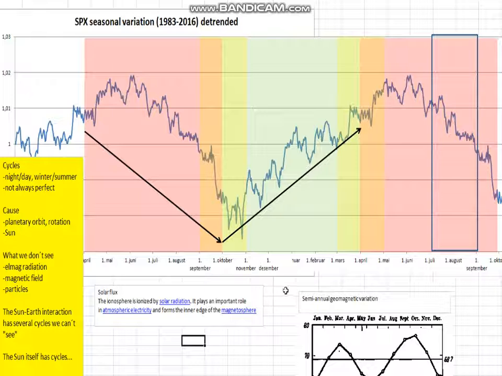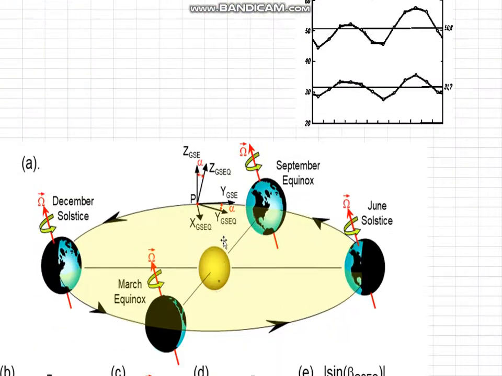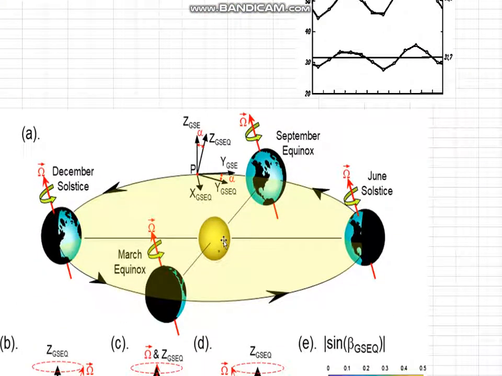The other factor is the semi-annual geomagnetic variation, and we have two periods around the two equinoxes. So around October and around March we have two periods where the geomagnetic field is vulnerable to the solar wind.